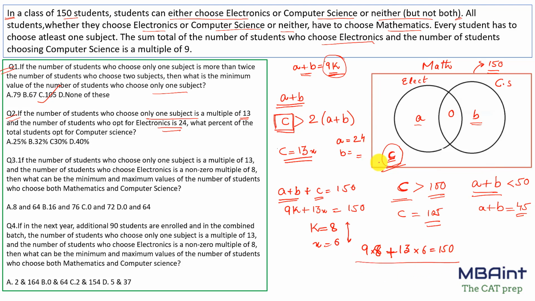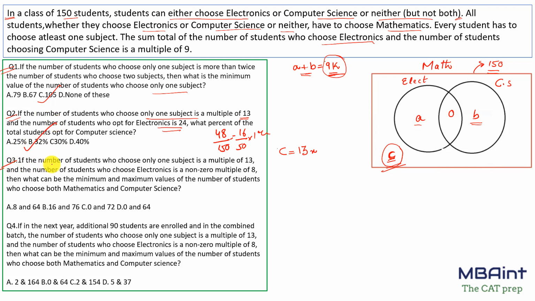In that case, A plus B is nothing but 72. Then A is 24, B would be how much? B would be 48, and we need to find 48 by 150, and that is easy. This is a multiple of 3, so this would be 16 by 50 into 100, so that is 32%.